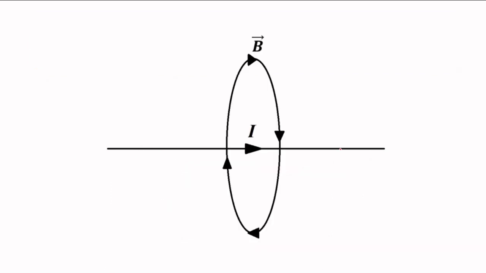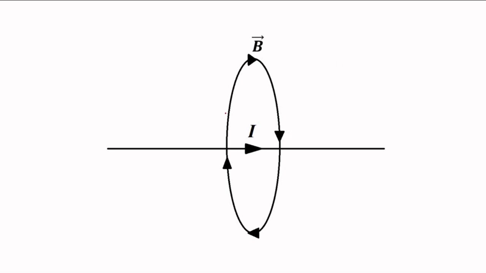Suppose we have a current carrying conductor, this horizontal conductor carrying current I, then the direction of the magnetic field is given by the right hand grip rule, where we imagine the thumb pointing in the direction of the current and the curled fingers give us the direction of the magnetic field lines.